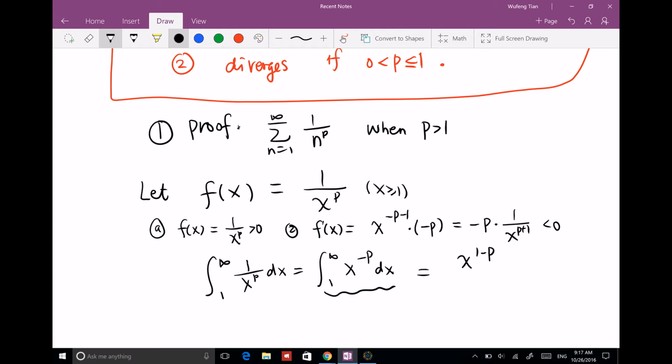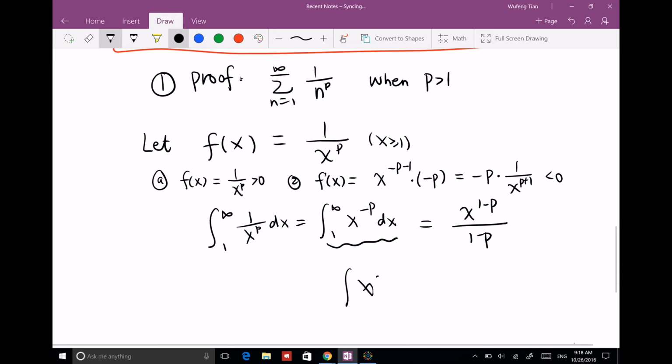Basically, you would add 1 on the power. So negative p plus 1, so it's 1 minus p. Divided by the new power, which is 1 minus p. It's the same thing when you have x squared dx, you get x cubed divided by 3. So you add 1 on the power, divided by the new power. That's the rule for the polynomial function.